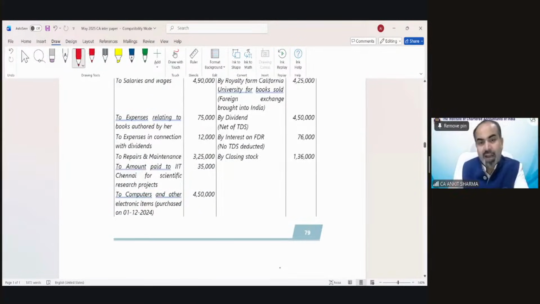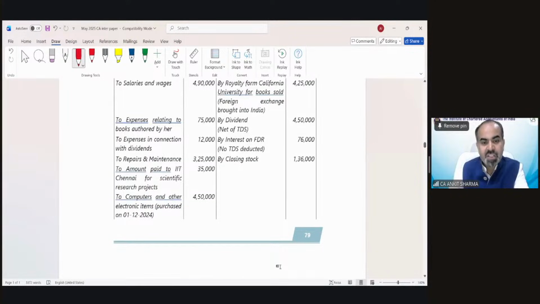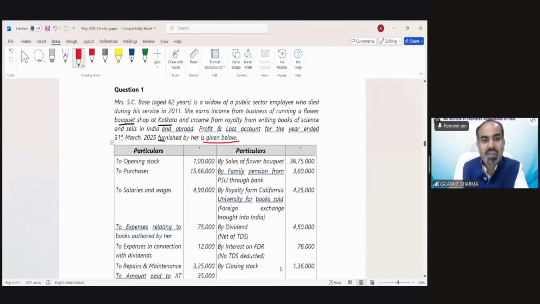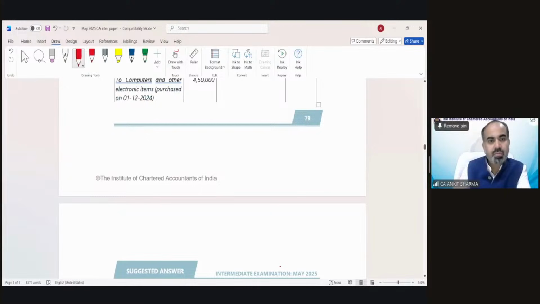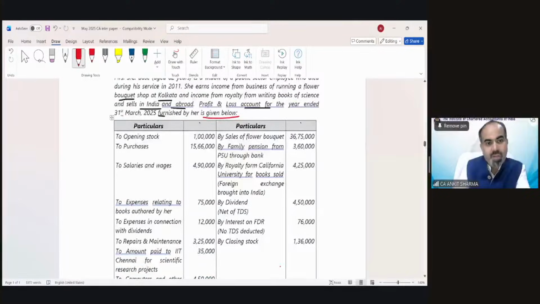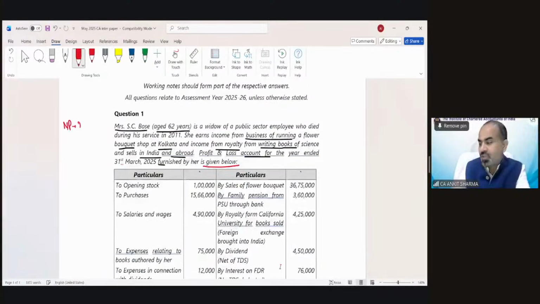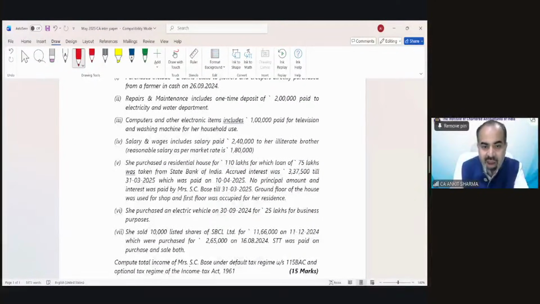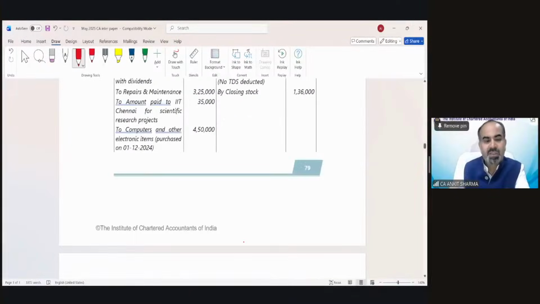So first of all, we have to take the net profit which has been given, 20,69,000, to see whether I need to solve this question as per the optional tax regime or the default tax regime. The question is saying calculate the total income of Mrs. S.C. Bose under both the default tax regime and the optional one.